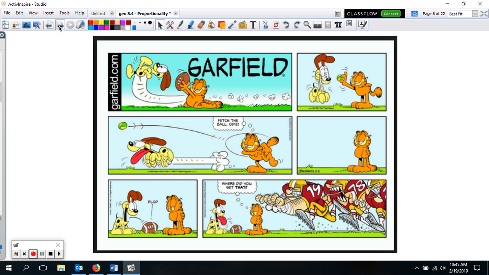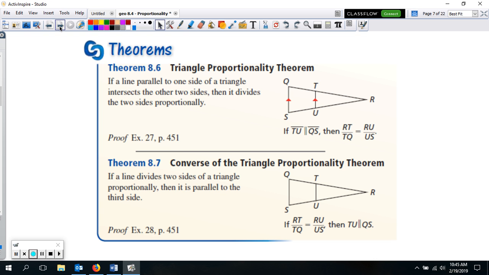Okay, so going on into these proportionality theorems. The first ones here are the triangle proportionality theorem and then the converse of that. So basically what this is saying is if we have a triangle here and we have a line, like this TU line right here, that's parallel to one of the sides. So if a line parallel to one side of a triangle intersects the other two sides, so this line is parallel to QS, and it's intersecting the two other sides here, then that divides the two sides proportionally.